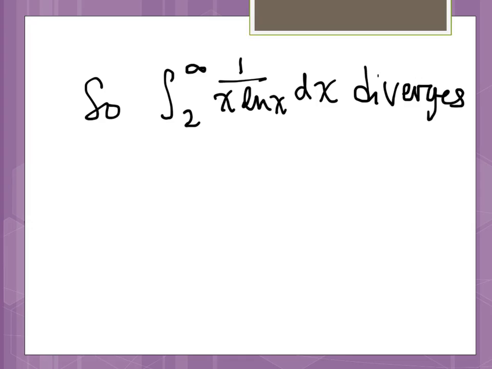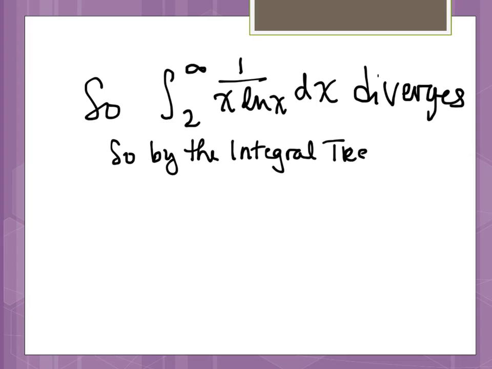That's what you just found out by finding that the limit, after all of that processing, was infinity. And since this diverges, by the integral test, the one we just learned about, the summation from k equals 2 to infinity of 1 over k ln k, what can we say? It also diverges.